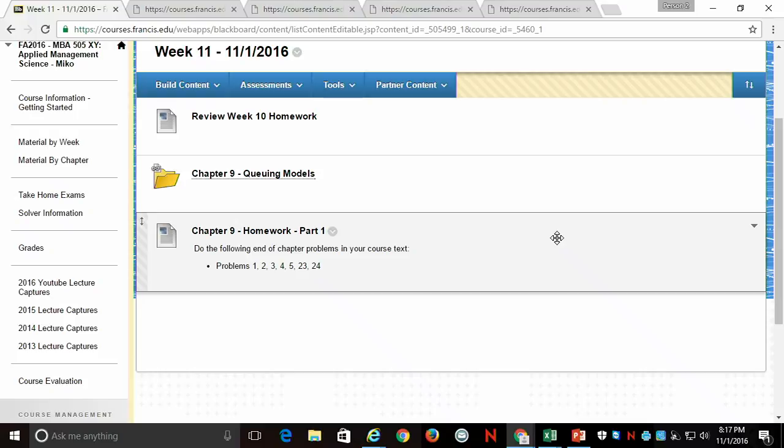Don't do 3 yet. Don't do 4 yet. Do number 5. Don't do 23. And do 24 A through C. Don't worry about D. 24 A through C.